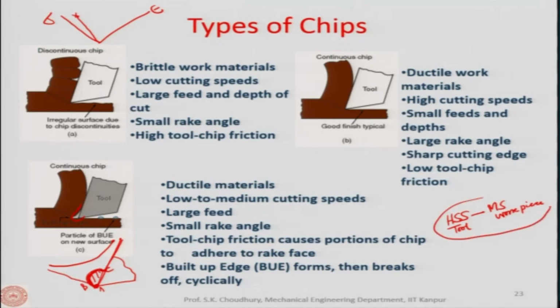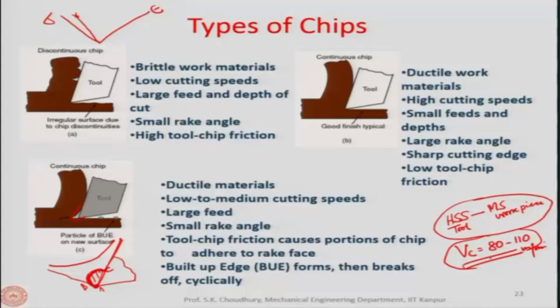For this combination, a cutting velocity between 80 and, let us say, 110 meters per minute is the range at which a thin layer is ruptured from the chip and a thin layer is ruptured from the rake face of the tool. When the cutting speed goes over 110, this situation does not happen.